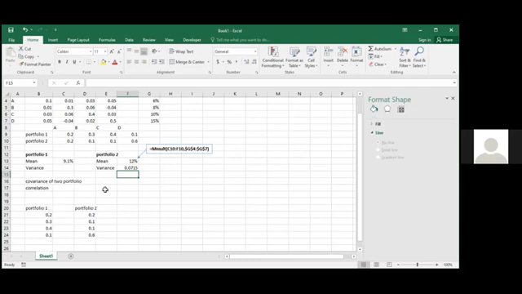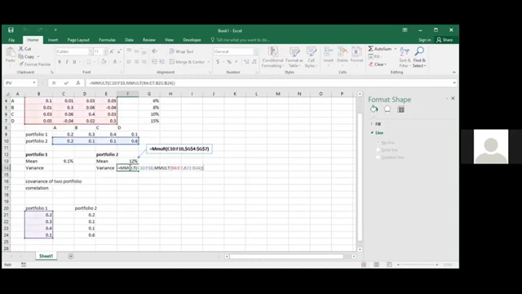Now here should be, not the B, that should be D21 to D24.